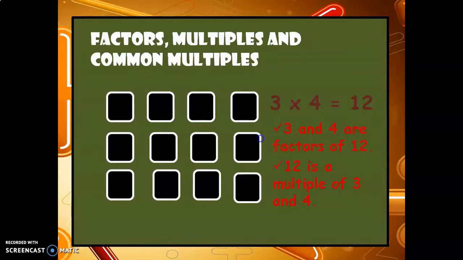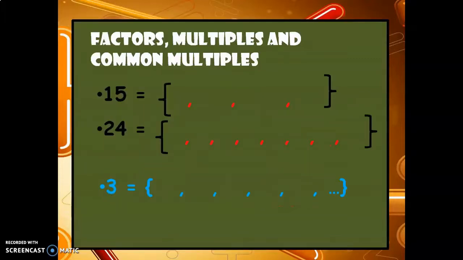So let's have another example. Let's try these first two examples. We will first get the factors of 12, and the second example is to get the factors of 24. Now what is a factor again? Factors are a pair of numbers that, if you multiply them, make the given number. For example, the given number here is 15. What pair of numbers, multiplied together, would make 15?